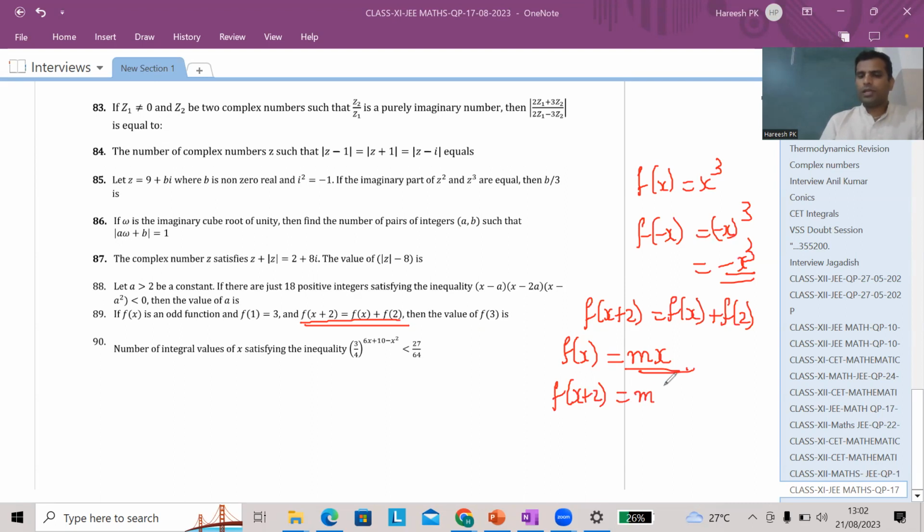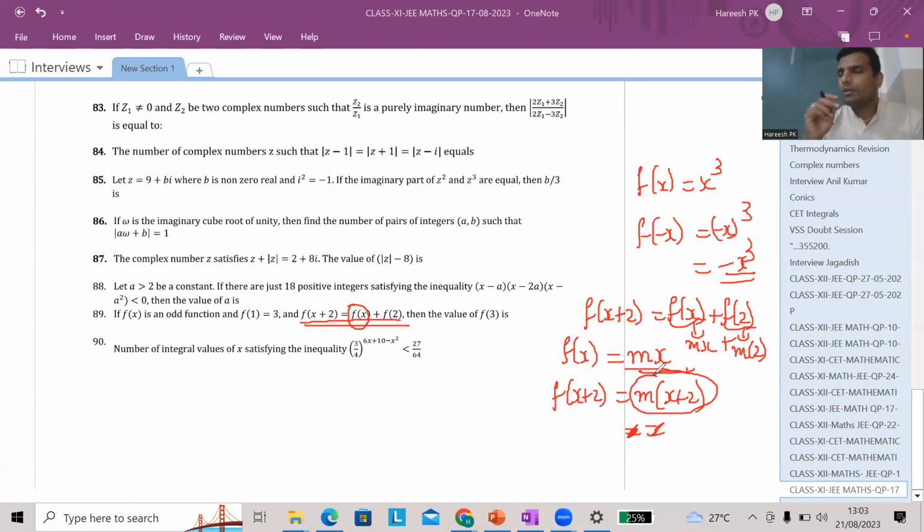F of x plus 2 is m of x plus 2. Now when you expand, you get m of x plus 2. Now what is f of x? f of x is nothing but mx. So f of 2 is nothing but m into 2. Now mx plus m into 2, is it not m into x plus 2?